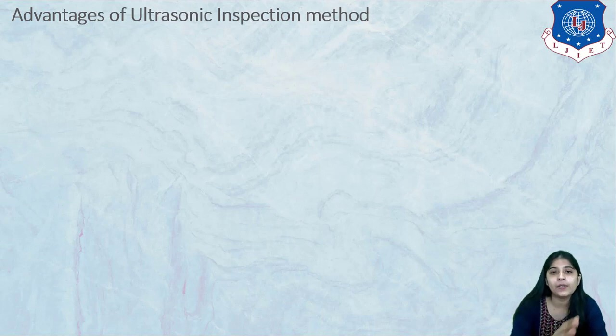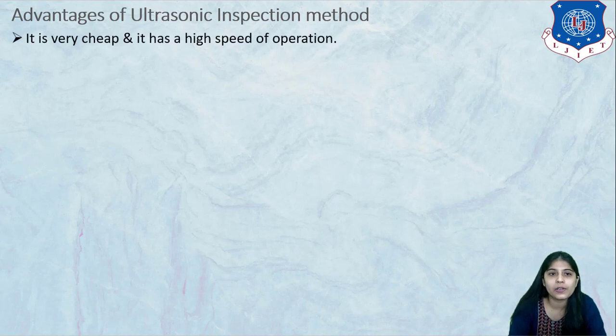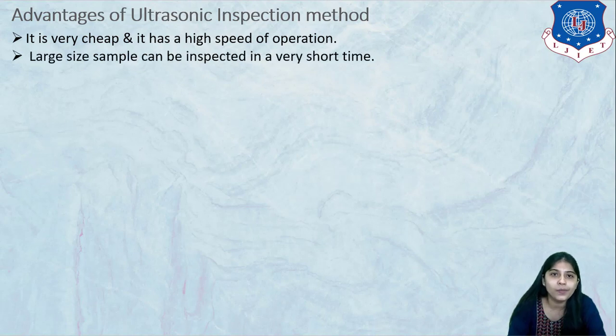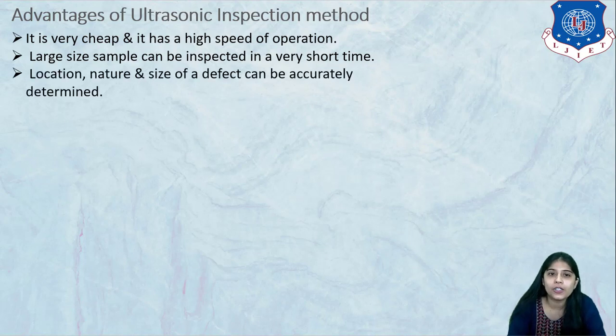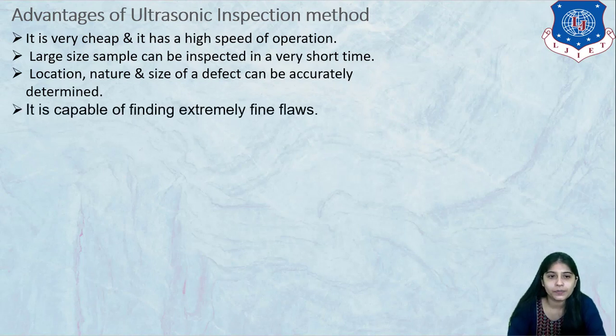Right, there are many advantages of this method. Okay, non-destructive testing is basically a type of ultrasonic inspection method. First of all, it is really cheap and it has a high speed of operation. Then a large size sample can be inspected in a very short time. Then the location, nature, and even the size of a defect can be accurately determined.